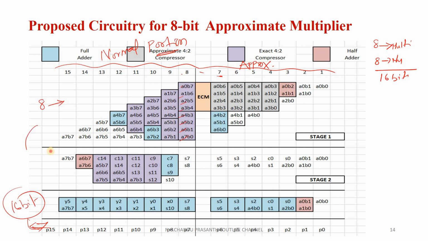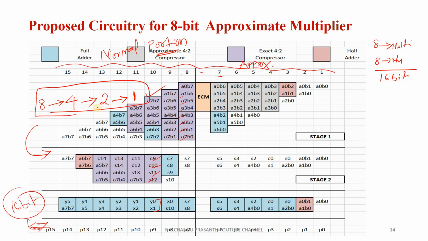When we come to stage 2, the partial product height is reduced to 4. In the third stage, it is reduced to just 2. In the fourth stage, we get the output, reduced to 1. So that is the benefit of using compressors in the multiplier design.